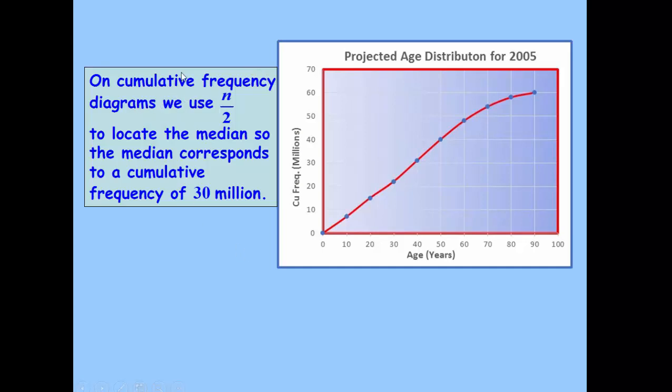On these diagrams, on cumulative frequency curves, we use n over 2 for the median. So as the cumulative frequency goes up to 60, the median will be at 30.